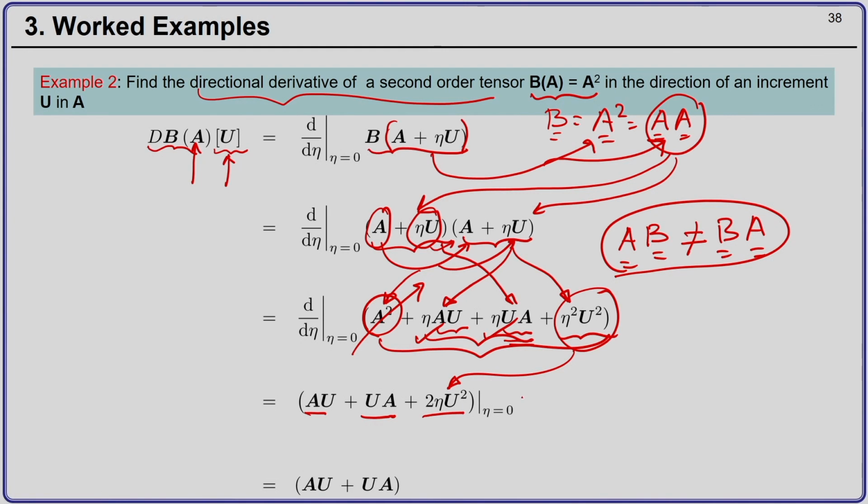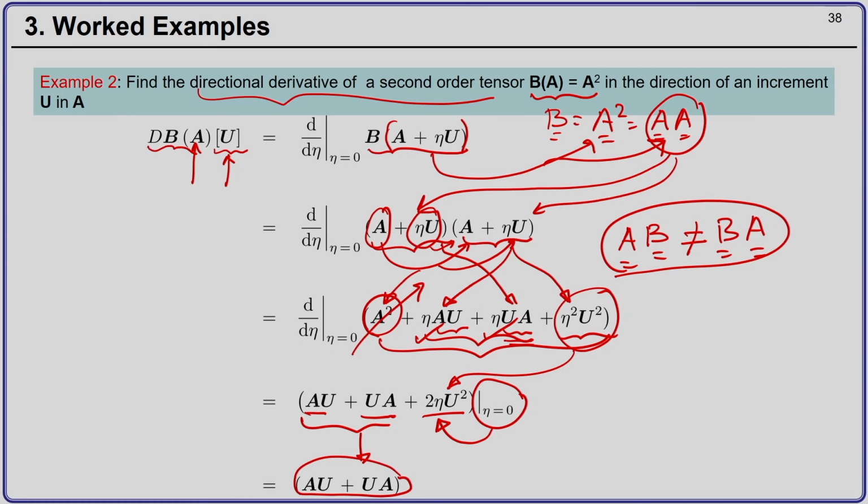And then we have to compute this expression at eta equal to 0. Once you substitute eta equal to 0, this third term goes away because 2 times 0 into U square gives you 0, and we are left with the first two terms, and that is your answer.